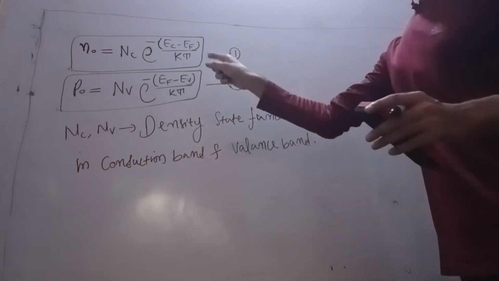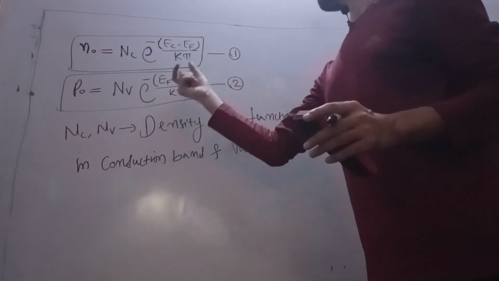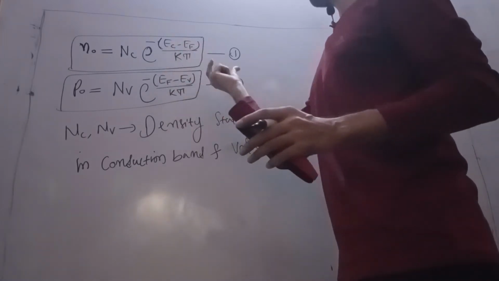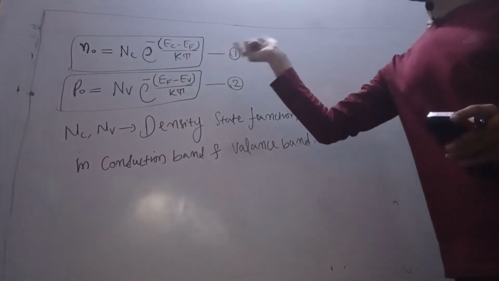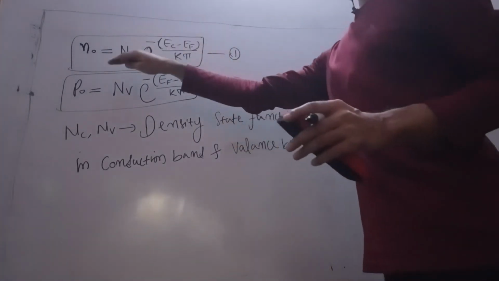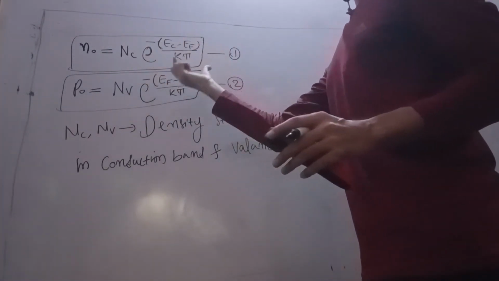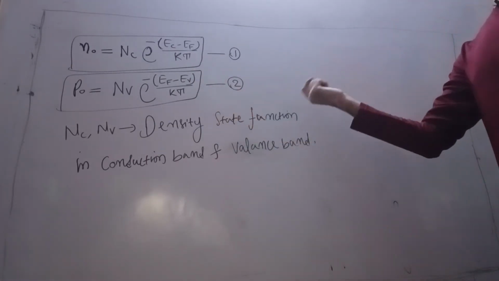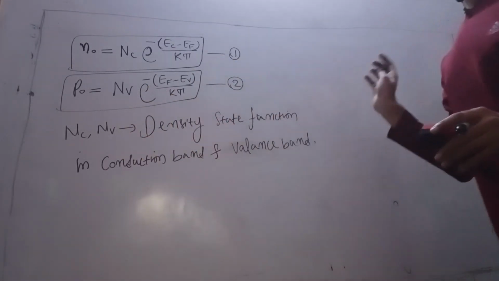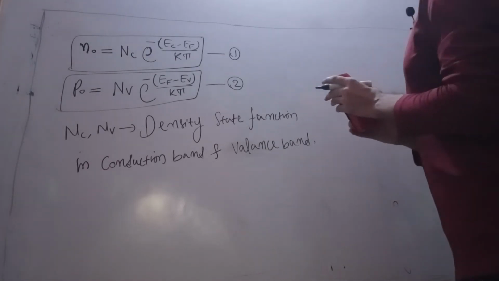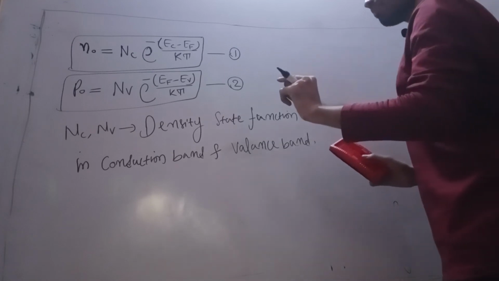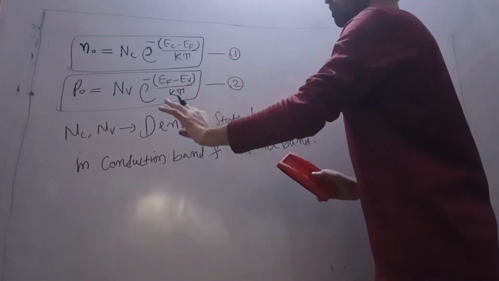And the other condition is the Boltzmann approximation, for which the gap must be at least 3 times kT. Otherwise we have to deal with the original Fermi-Dirac distribution function, and we can't remove that one factor in the denominator. So that is for thermal equilibrium concentration of electrons under one assumption and one approximation.